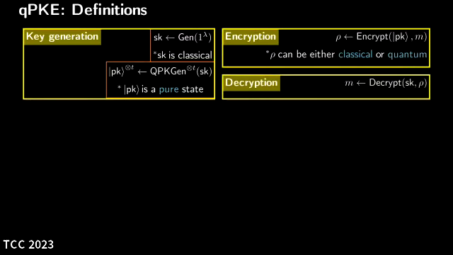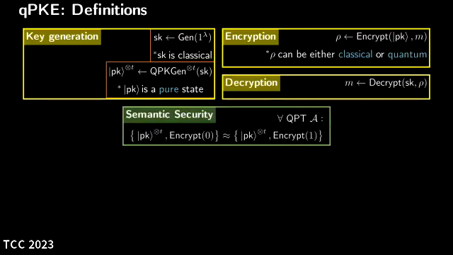For the key generation, the secret key is a classical string, just like in classical public key encryption, but the public key can be either classical or a quantum state. In our work, we only consider the case where the public key is a quantum state, and we require it to be a pure state. I will explain the reason why we consider this notion later.